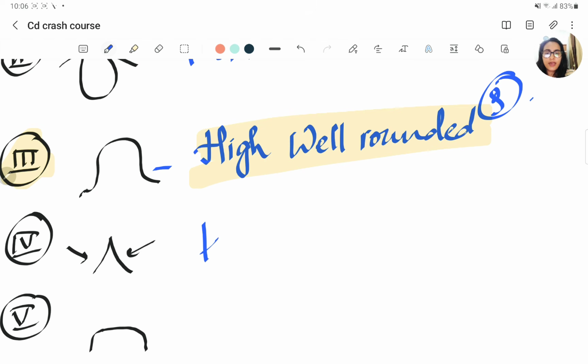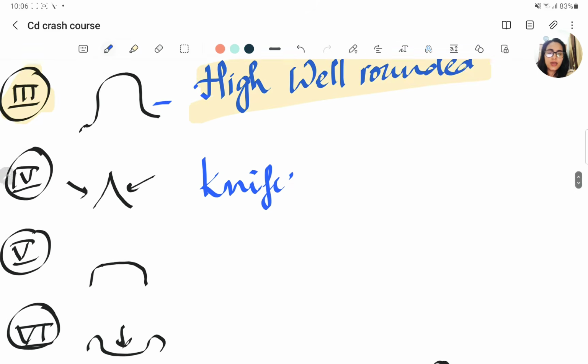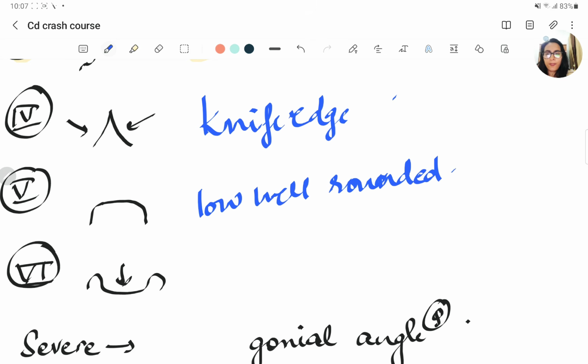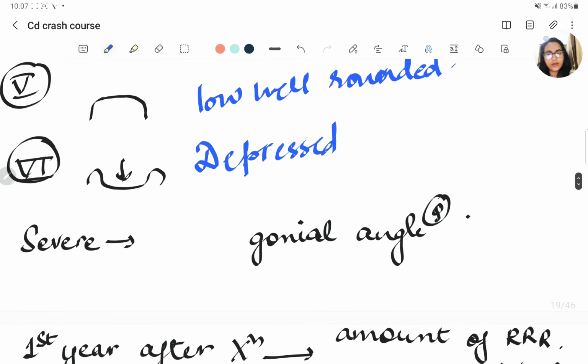Then we have a knife edge ridge, that is class 4. Class 5 is a low well-rounded ridge, or you can say a flat ridge. Then we have a depressed ridge. First there is buccolingual reduction, then occlusogingival reduction in the height.